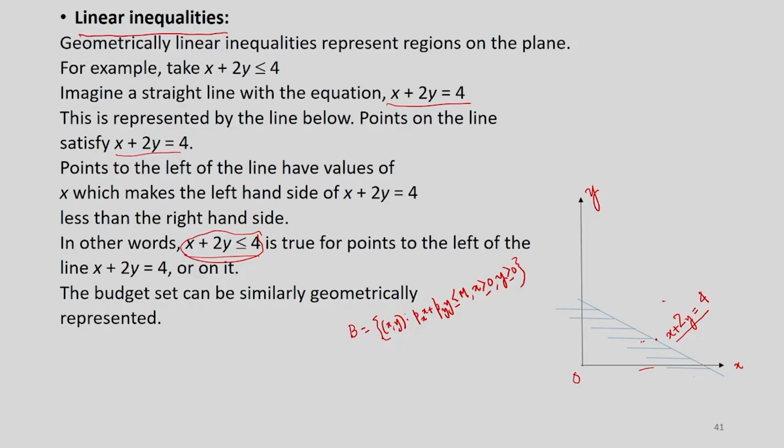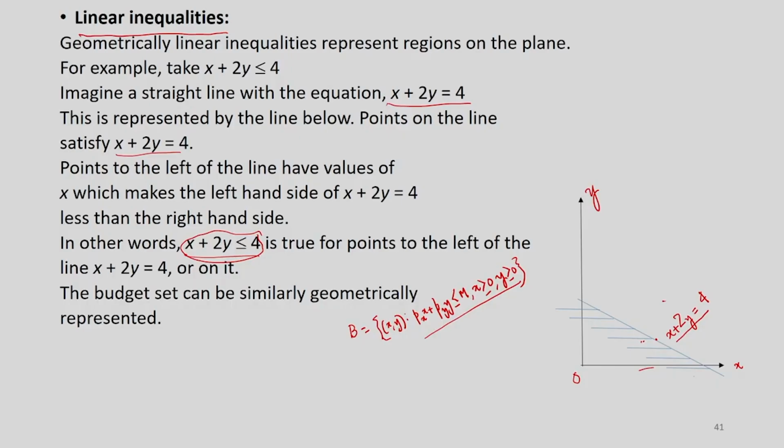It is a set of combinations of x and y. Any element in this set will have a pair of elements x and y, and they will satisfy these conditions: p x multiplied by x plus p y multiplied by y is less than or equal to m, comma, x greater than or equal to 0 and y greater than or equal to 0.